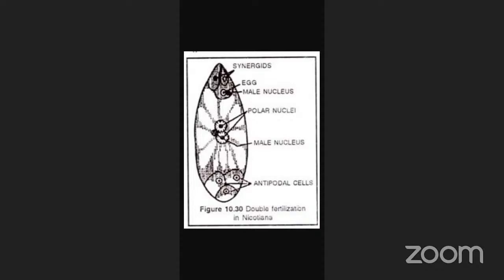So they become deep-seated in the massive nucellus. Such ovules where the sporogenous cells become deeply embedded are known as crassinucellate ovules.